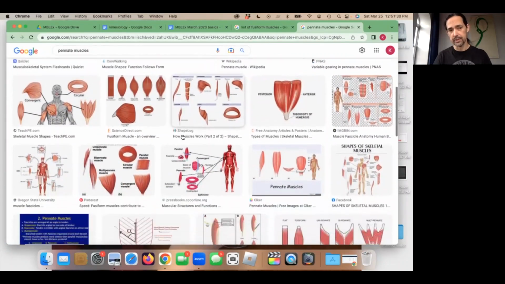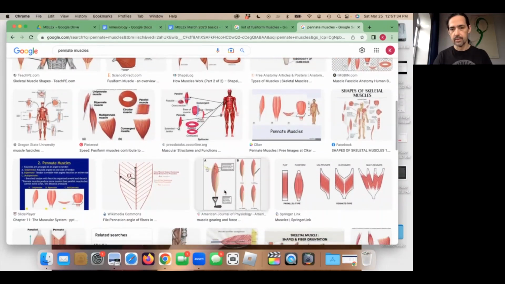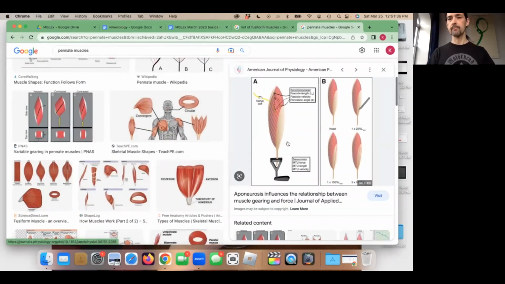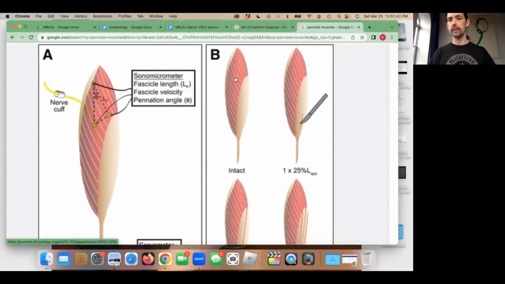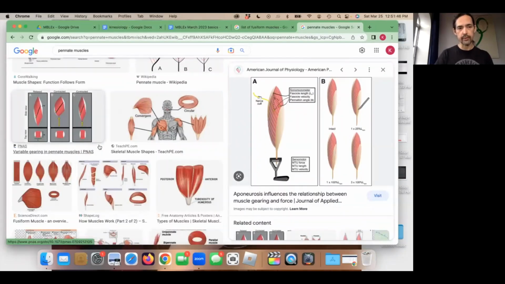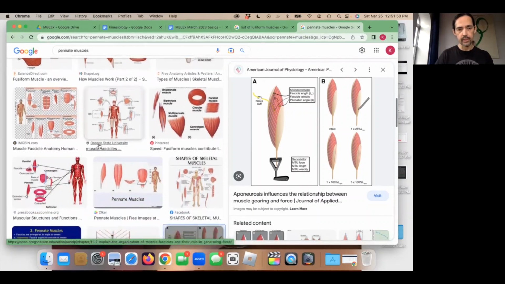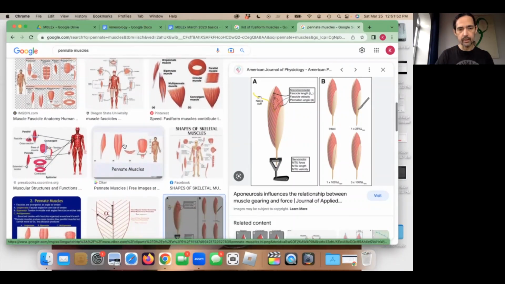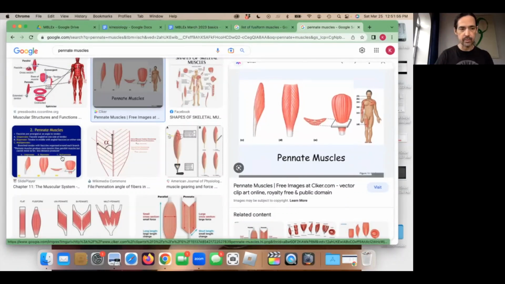But I just want you guys to have an idea. It's called a pennate muscle because of the shape. It looks like a feather, right? The only example that I'm able to find really is the extensor muscles in the leg.